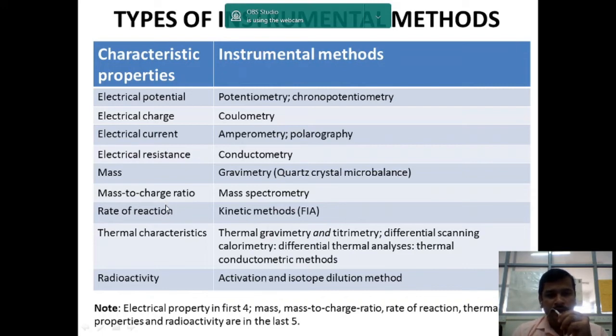In the next technique, the mass to charge ratio is measured in the mass spectrometric technique. When you bombard an organic molecule with a beam of high energy electrons, the molecule is fragmented into different forms. The molecular masses of those fragments are measured by means of a suitable detector.